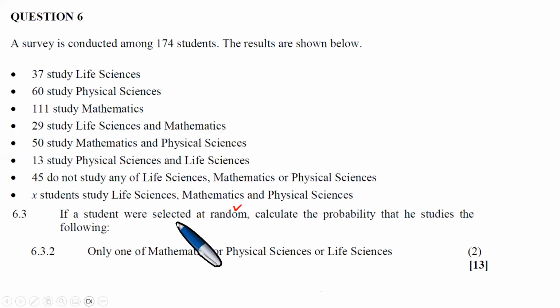Calculate the probability that he studies only one of mathematics, physical sciences or life sciences, only one of the three. So if you take math, physical sciences, and life sciences, he is doing one of these.